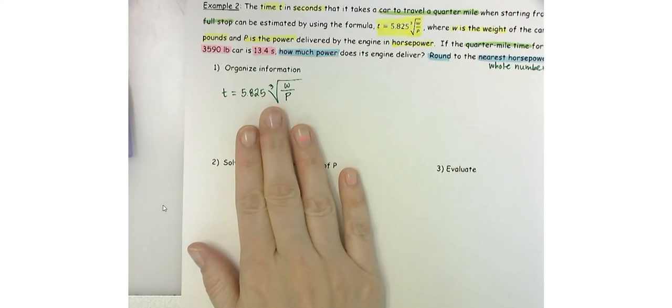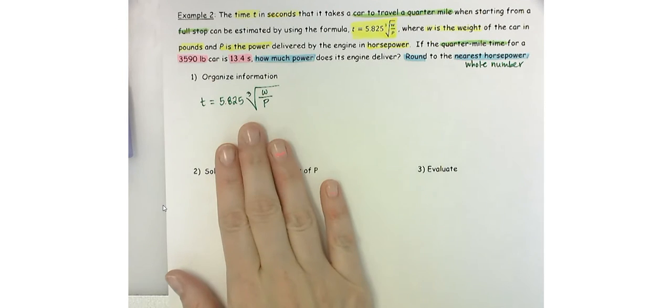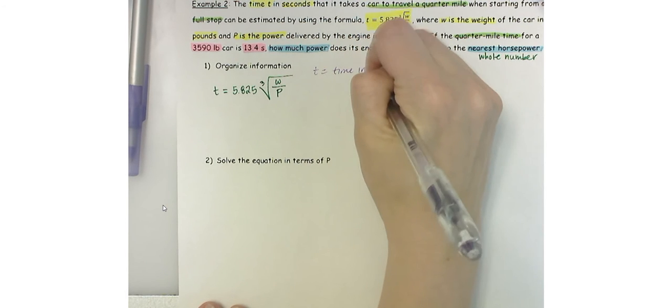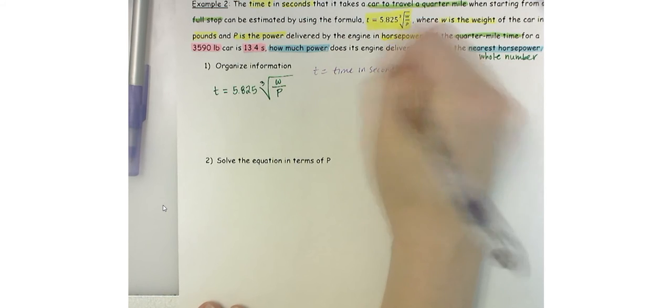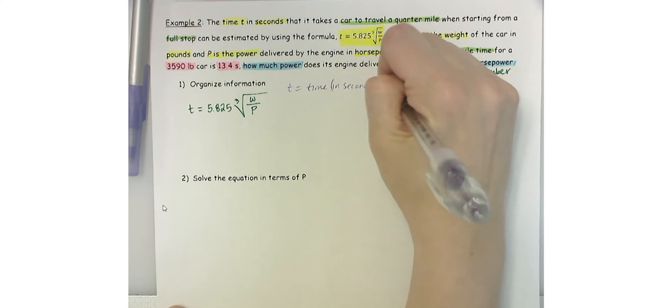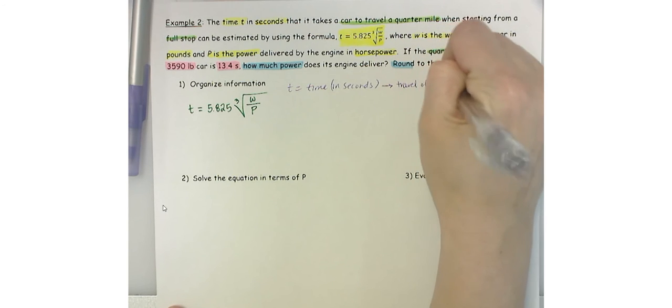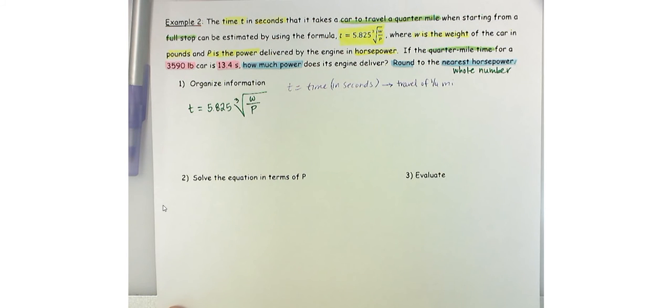And remember, that is for the travel of the quarter of a mile. That's where the quarter of the mile comes in. Your W is going to be the weight of the car, and that's measured in pounds. And then the P is going to be the power of the engine, and that's measured in horsepower.